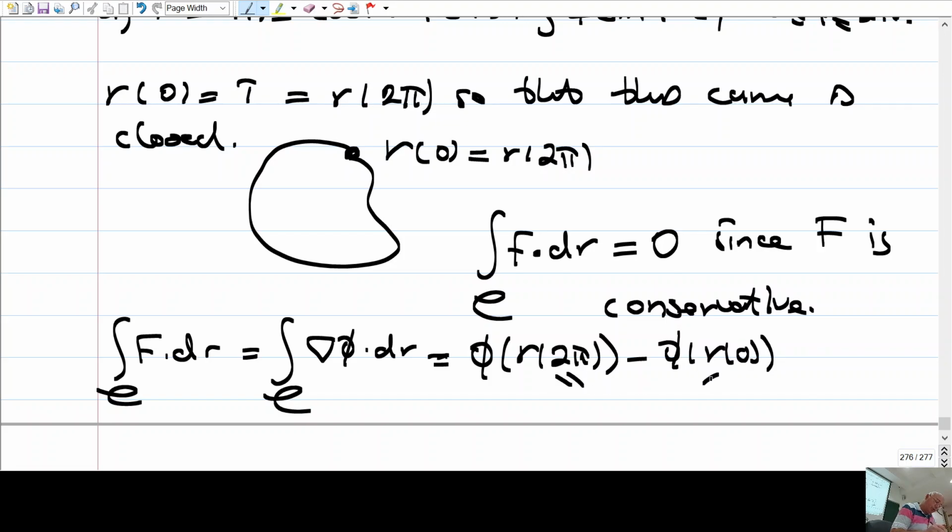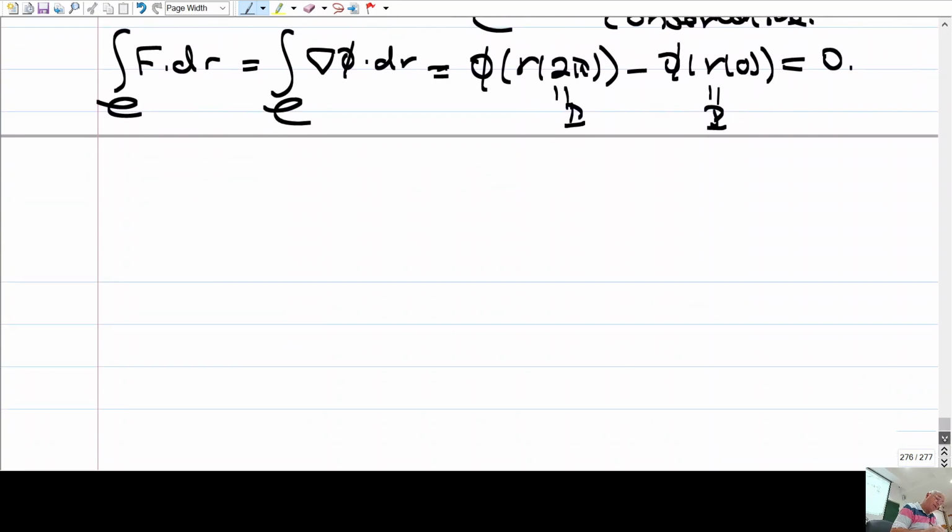Okay, this point and this point are the same, therefore this is 0. If this is point P, then this is also P, therefore it is 0.